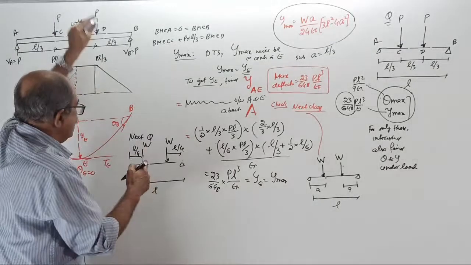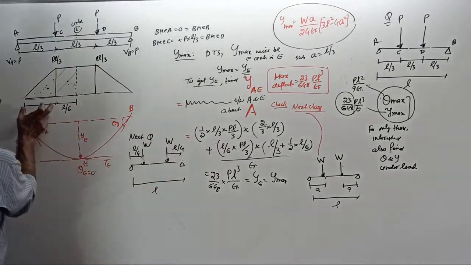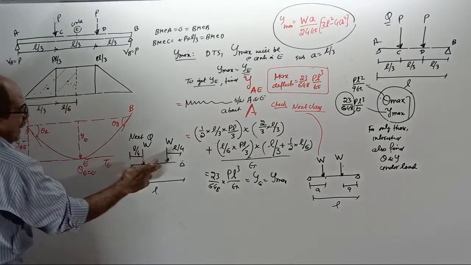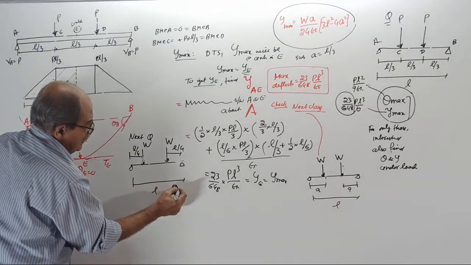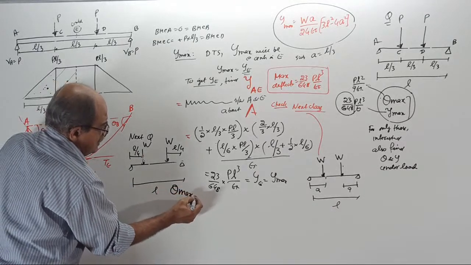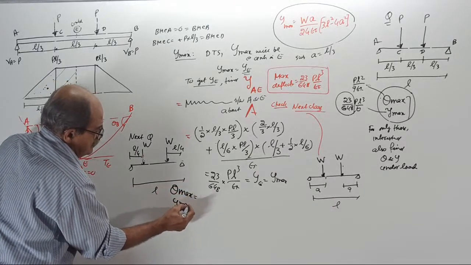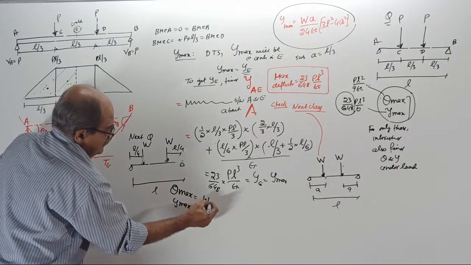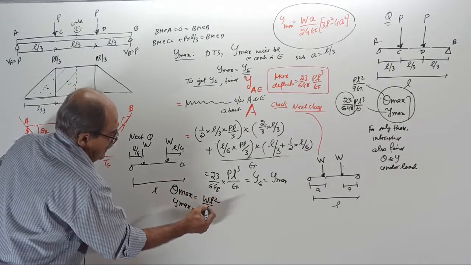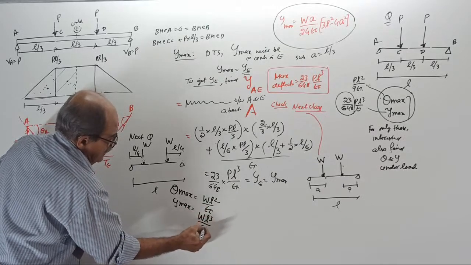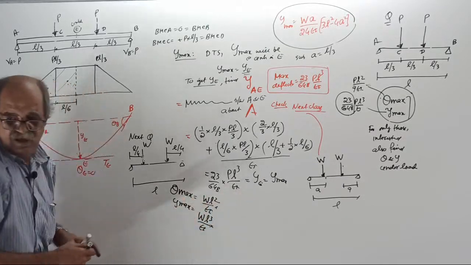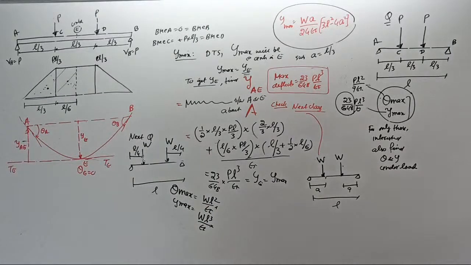Same way, this is L by 4, this also becomes L by 2 minus L by 4. Solve this one. I will give you theta max and Y maximum. Theta max is WL square by EI into a number, Y maximum is WL cube by EI into a number. The number is not a big issue.